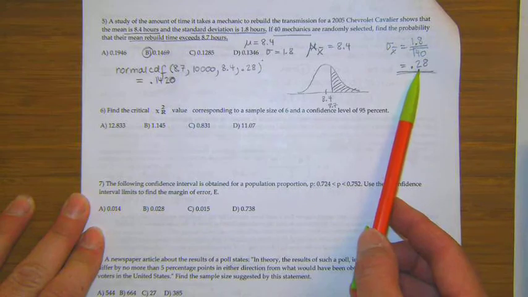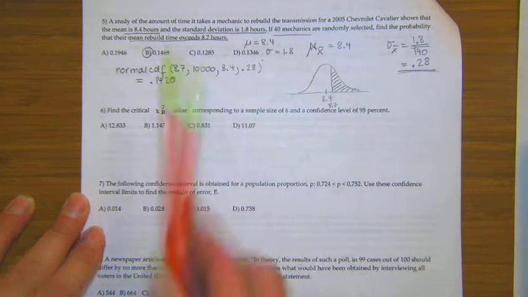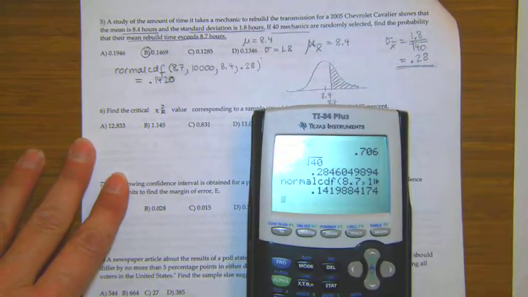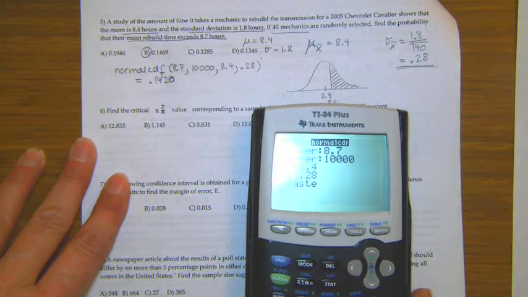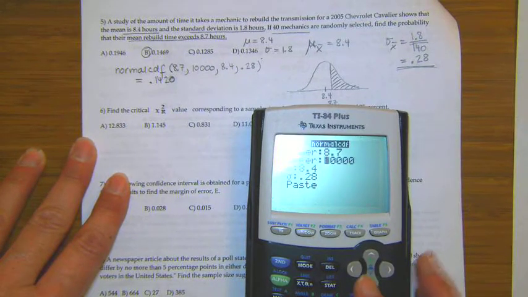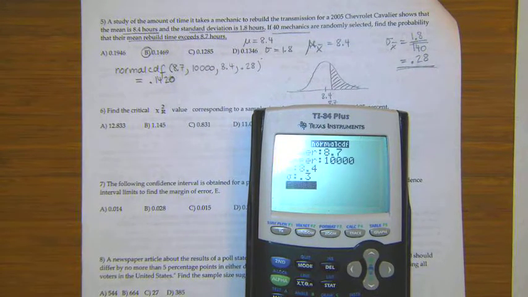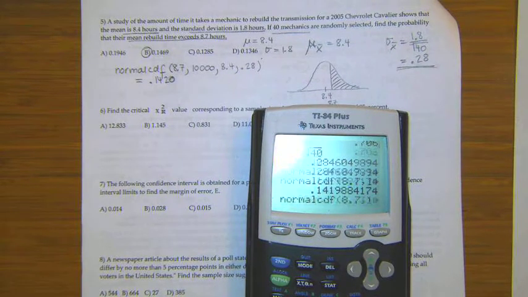Again, if we rounded this to 0.3, our answer probably would have been different. In fact, let's check it. If we rounded it the same way as the standard deviation. Let me go to 0.3 here, because obviously that will make a difference. And that's why I want to see what you're actually entering. Are you entering 0.28? Are you entering 0.3? Because it will change your answer.